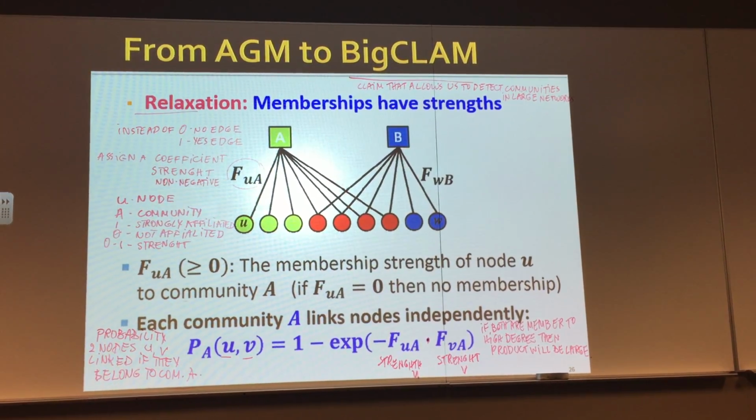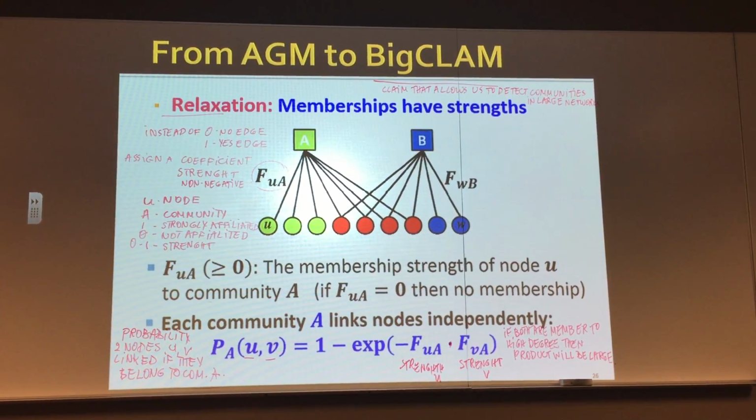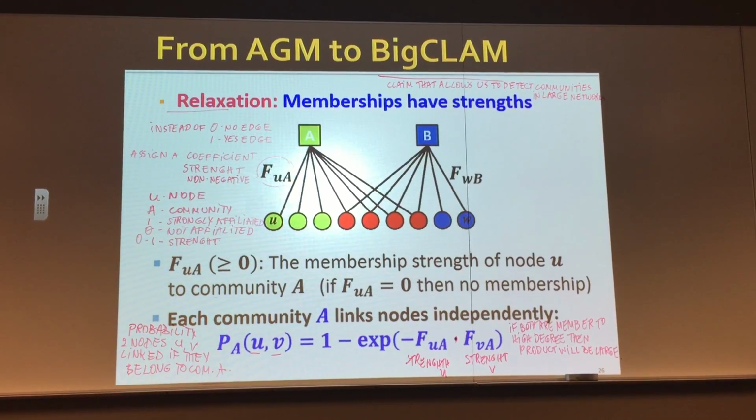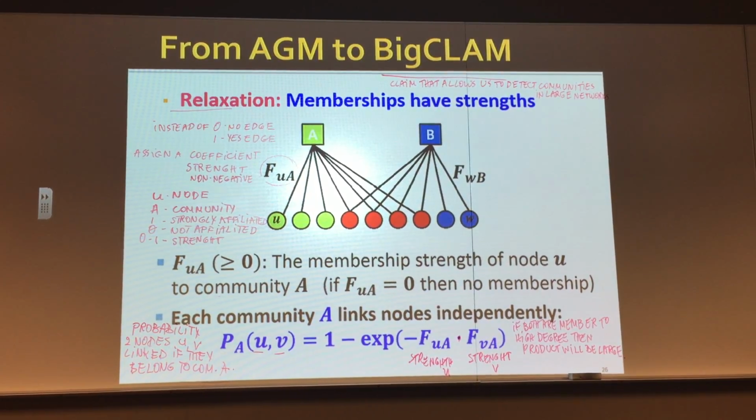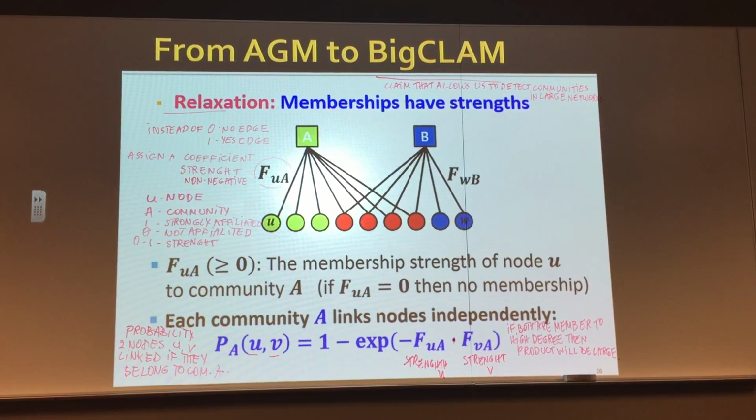So I mentioned we are looking for the model that allows us to find the affiliation matrix that is most likely to generate the graph for us.